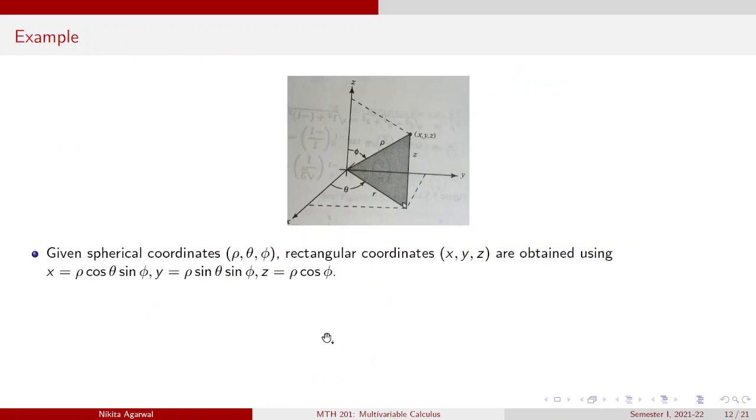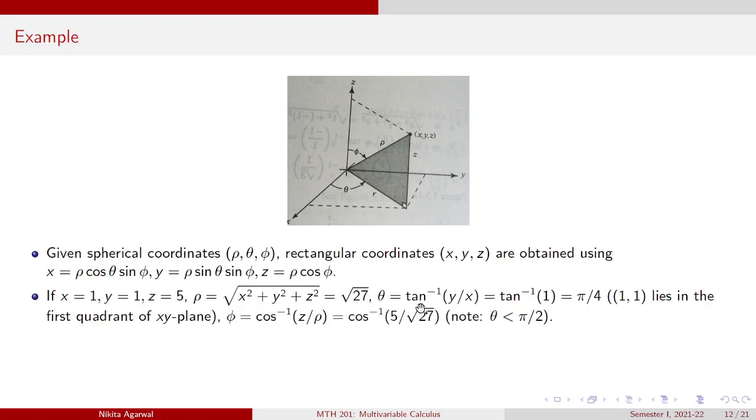So given spherical coordinates rho, theta and phi, rectangular coordinates x, y, z are obtained using these equations. If x is 1, y is 1 and z is 5, then rho is square root of x square plus y square plus z square, right, which is square root 27. Theta is tan inverse y by x, which is pi by 4, because again 1, 1 lies in the first quadrant.